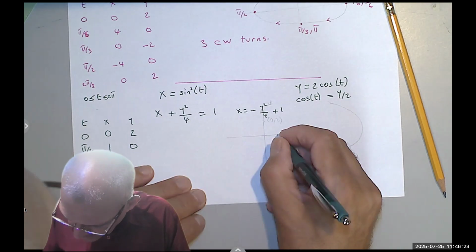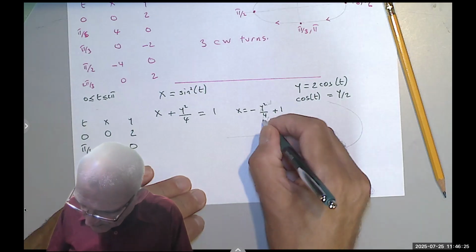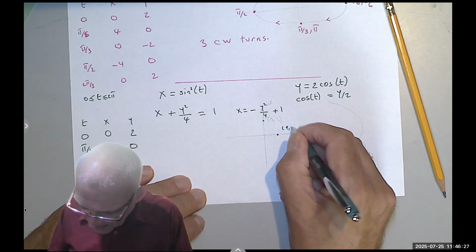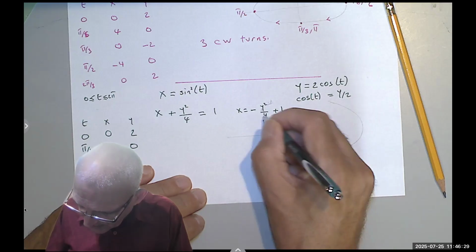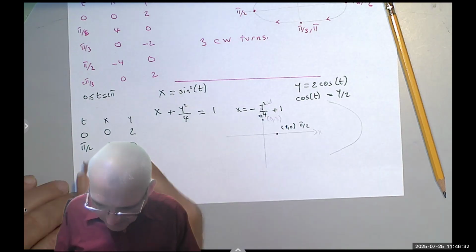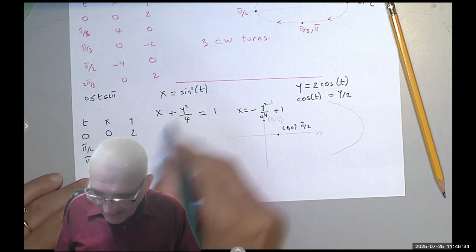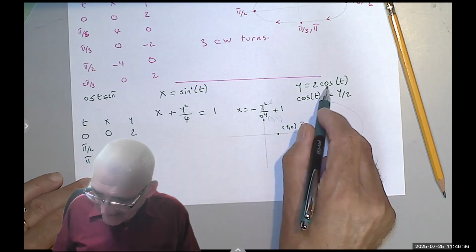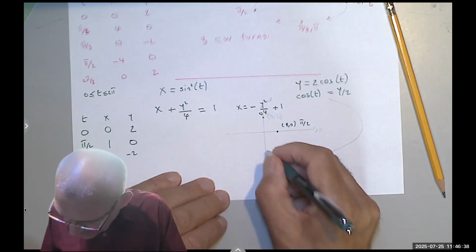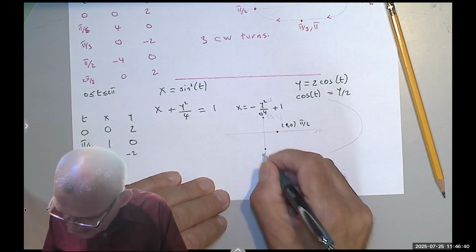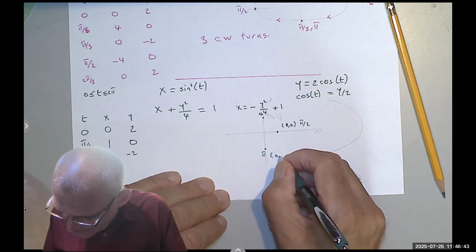So I am here, 1 and 0 at pi over 2, and this is t equals 0. At pi, this is 0, and that's negative 1, so negative 2. So you are here at pi, which is 0 and negative 2.